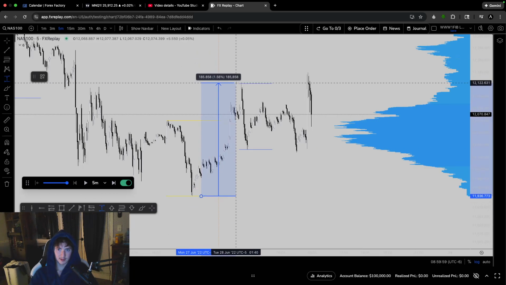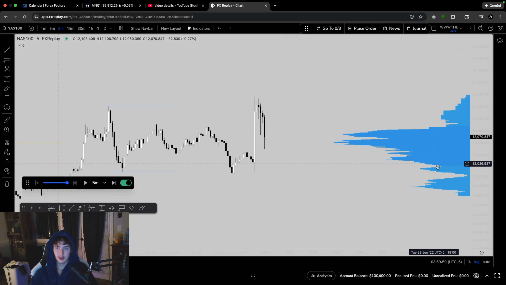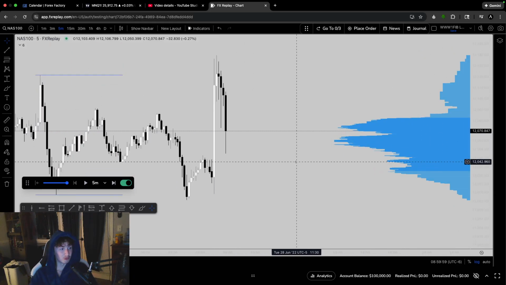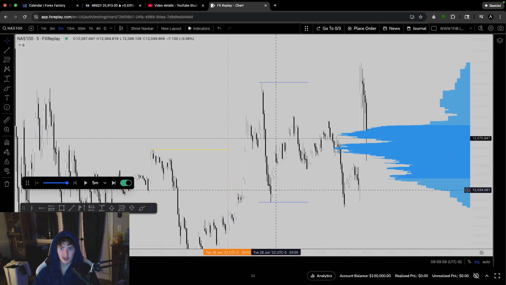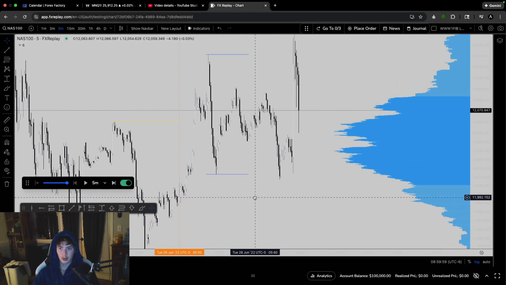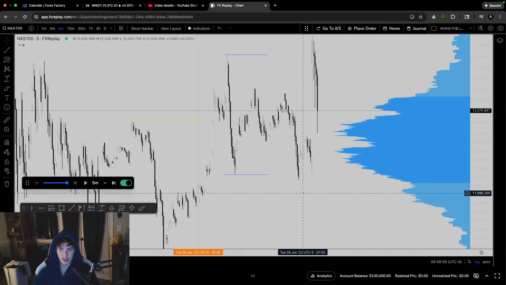We'll test it, but there has to be a low volume node. That's the main thing. Also, I really hate this low volume profile because it's not the same for everything. There does seem to be a little bit of a low volume. I think it works better if I zoom out. That's the most accurate.